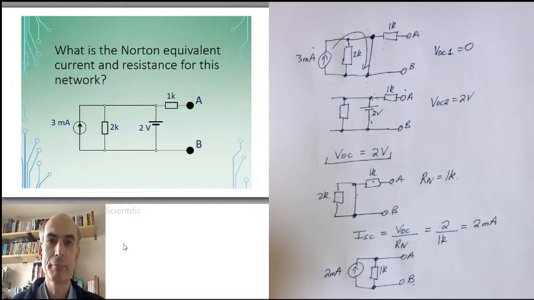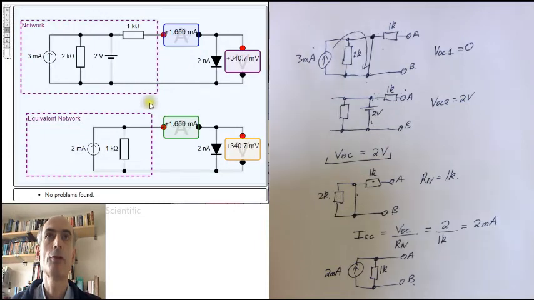Does it work? Once again, we can check using the simulator. I've built up the network and the Norton equivalent network here, and put an identical diode as a load to both of the networks, and yes, we're getting the same voltage and the same current in both cases. And this would be true no matter what the load was here. I could replace this with a resistor and it would still be the same.